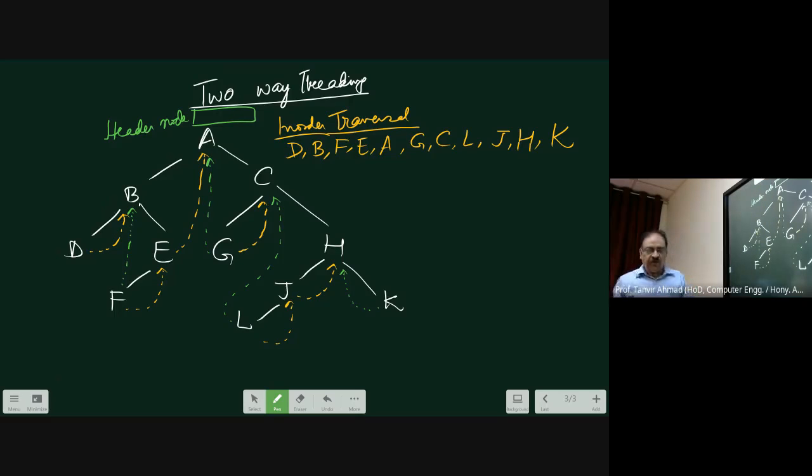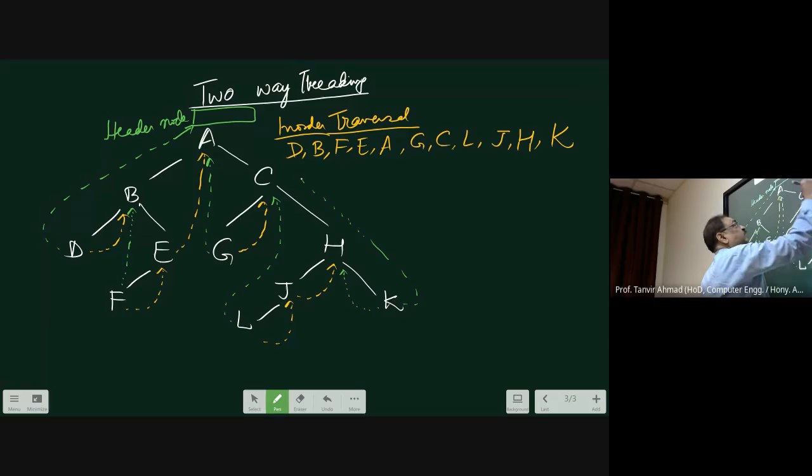Now I'll point this and I'll point this. That's all. And you know that this always points to this one. And the right of the header node is not having anything.